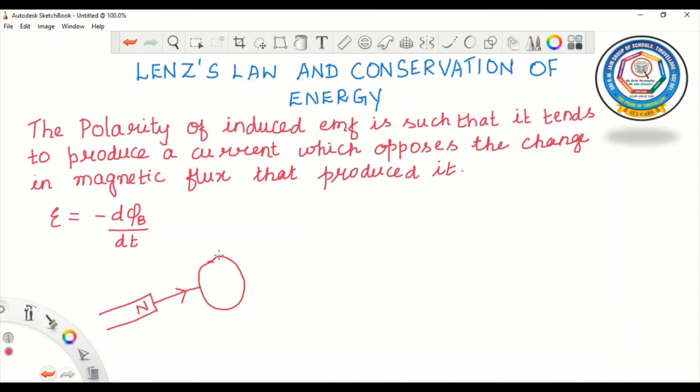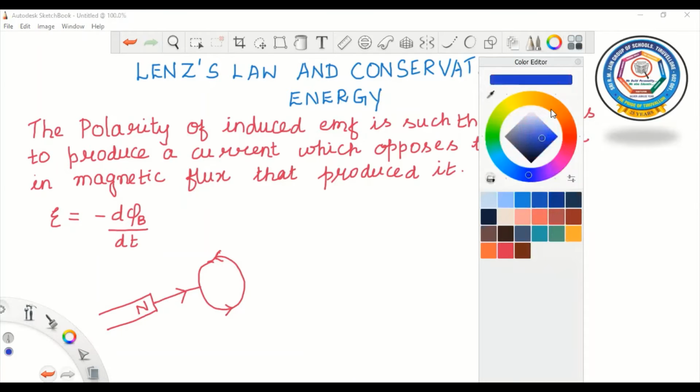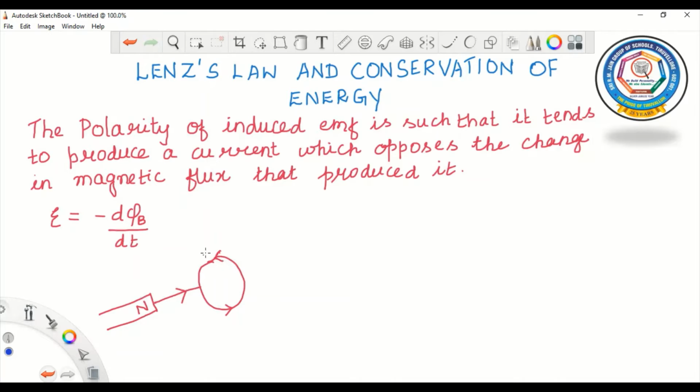So what is the direction of the induced current? This is the direction of the induced current.